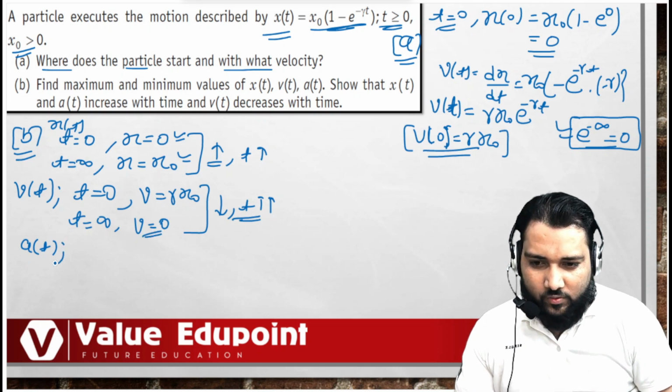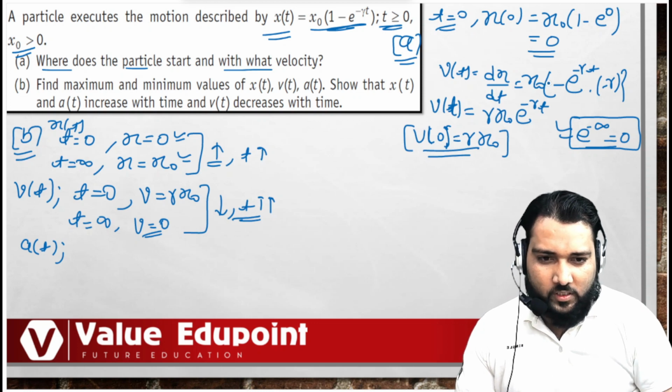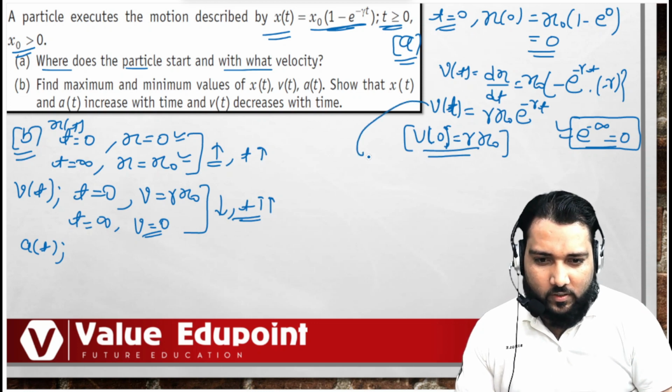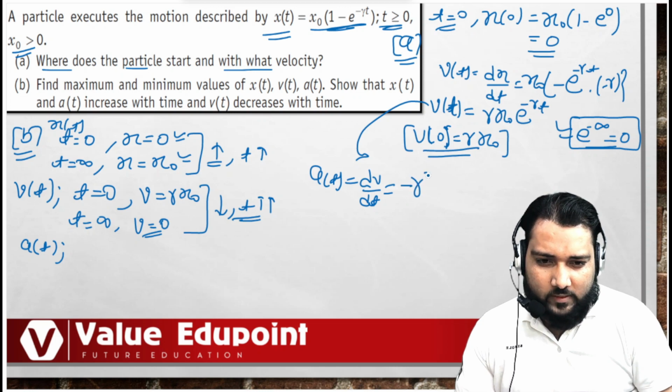Or we can see it through the expression. This is the velocity, so to calculate the acceleration as a function of t, that will be the differentiation of this function. When you differentiate again, this will come out to be minus gamma square x naught e raised to the power minus gamma t.